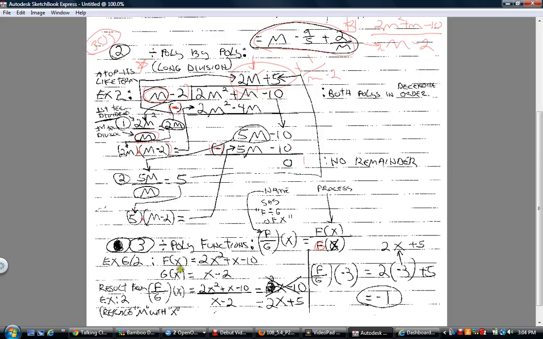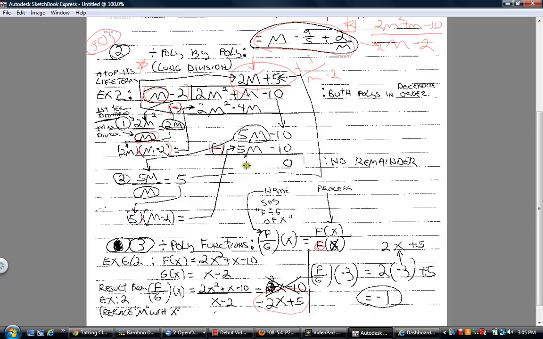Okay, now in this example here, instead of using m, they used x, but it's the exact same problem. 2m squared plus m minus 10. They changed the m's to x's, and I'm not going to work out all the results here. So what they have you do here is do the long division and get your final answer of 2x plus 5.